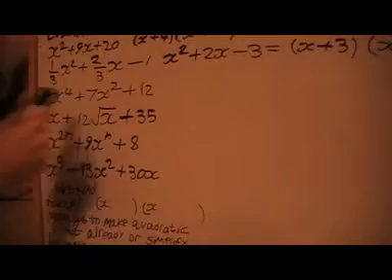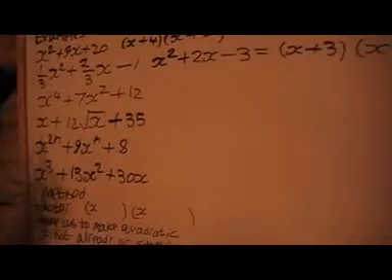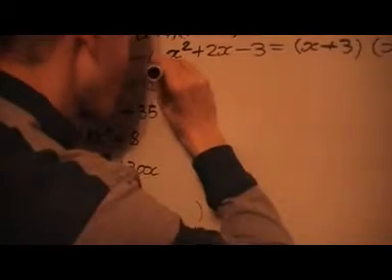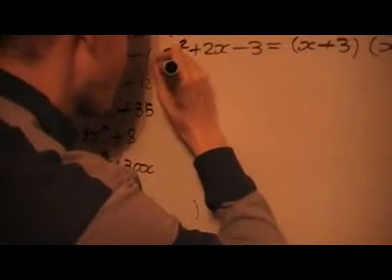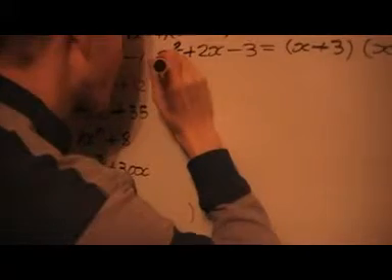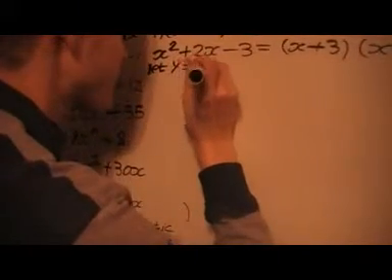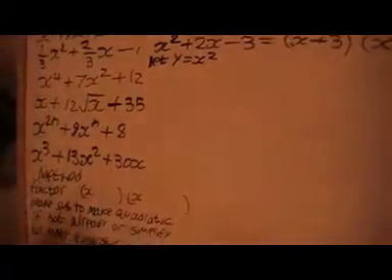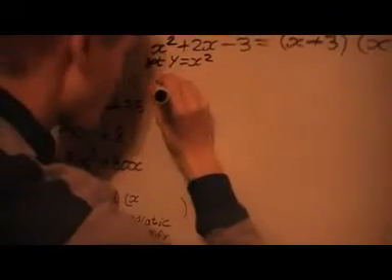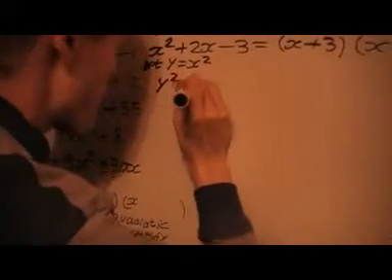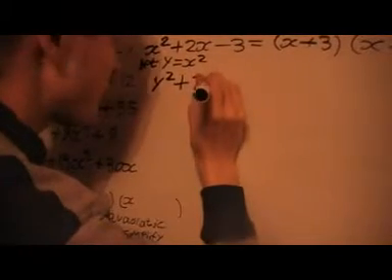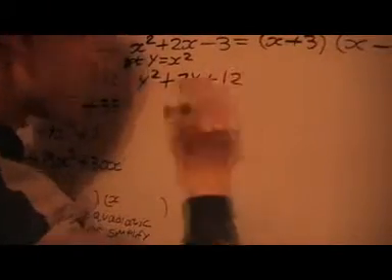Next one here, we've got a bit of a problem. We can't just factorise it straight away, because notice we've got x to the 4 in here. So what I'm going to do is make a new variable. Let y equal x squared. And then what we get when we've done that is a new expression, y squared plus 7y plus 12.